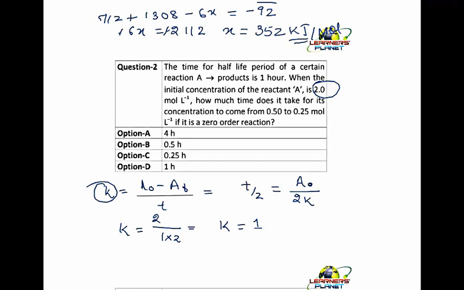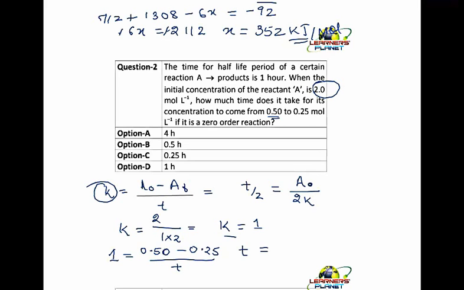K comes out to be 1. Now put this value over here. So 1 is equal to A0, which is 0.50, minus 0.25, divided by T.